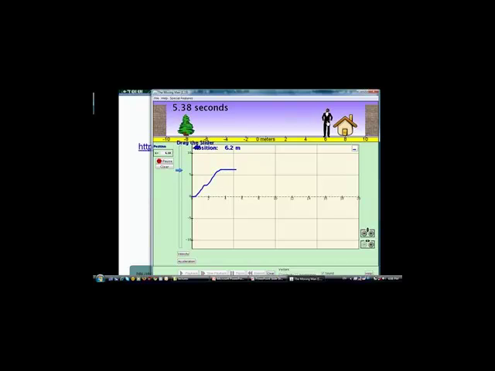Okay, he's at rest there. Now here, I'm going to try to move faster. Slowly, faster, fast, slowly. And I'm going to stop there.